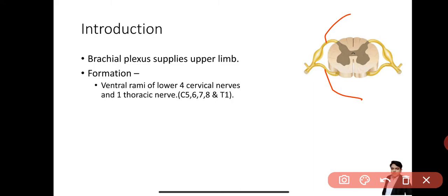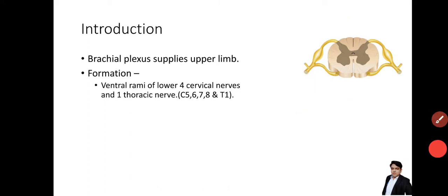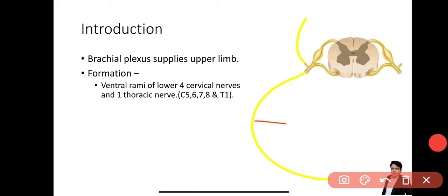They join to form a trunk, this one, and after this the trunk gives two branches. One is the ventral branch or ventral rami, another is dorsal rami. So this is ventral rami and this is dorsal rami, and this ventral rami join to form the brachial plexus.